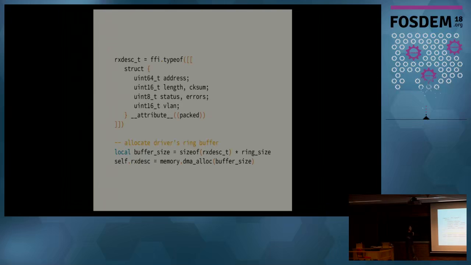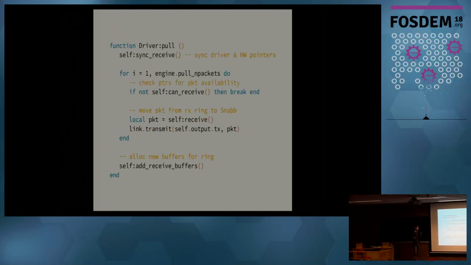And then given that setup, we can write the main method that does the receive functionality for this driver. And it's just this code. This is a little simplified from the actual code for ease of putting on the slide, but it's pretty similar to the actual code. This first line here is the method declaration saying it's a pull method for the driver.